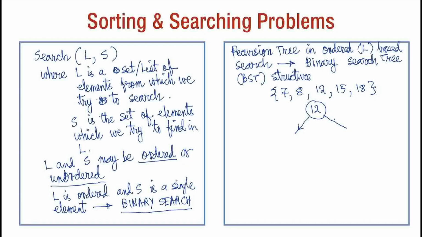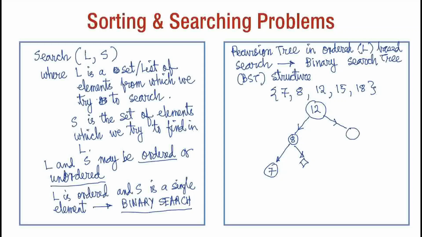On the right side we have all the elements greater than 12, and again recursively this would be, let us say, 8, and then this side would be 7, this side would be null, that is, there is nothing on this side. So we define null as a null pointer like this.